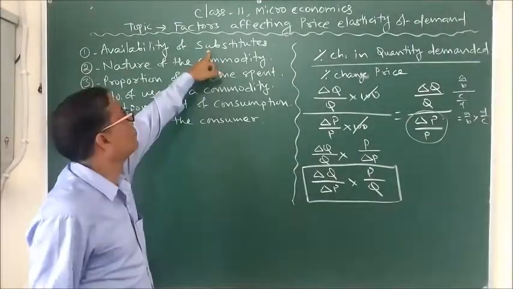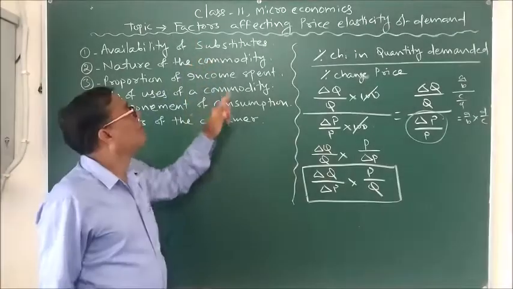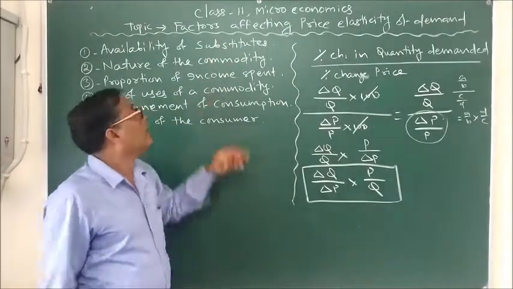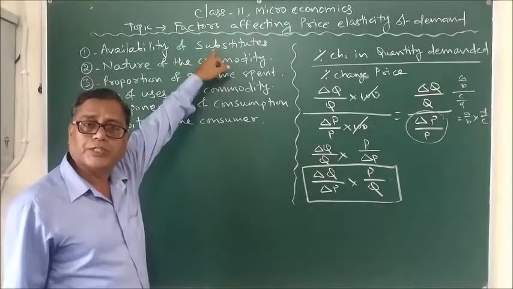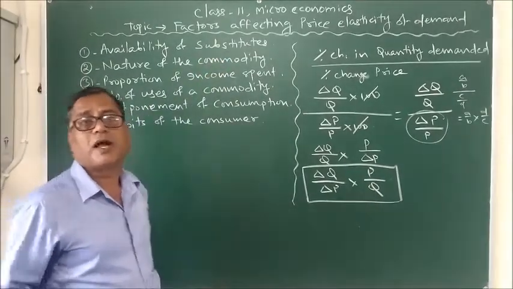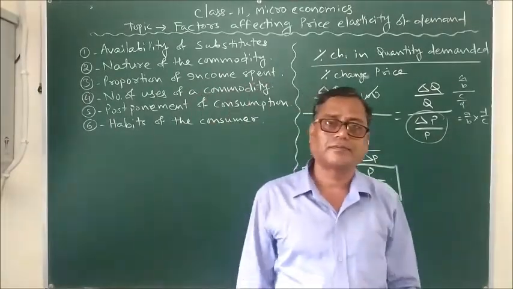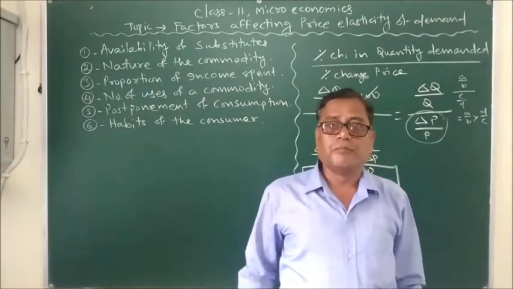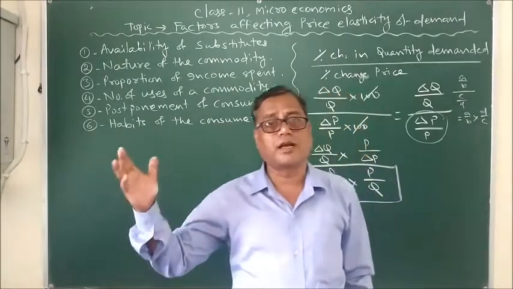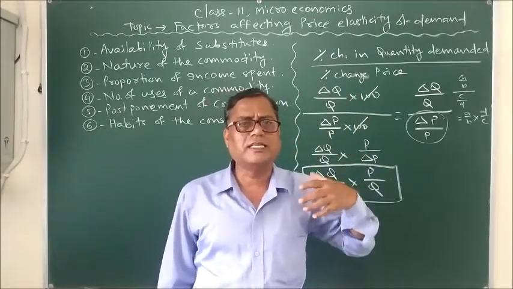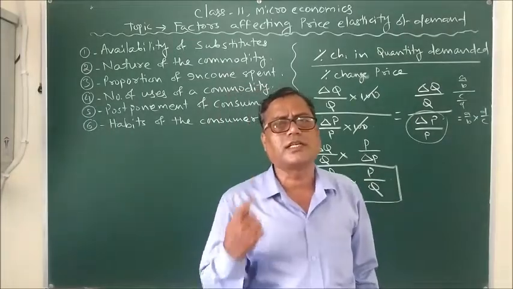of a particular goods. That means if the goods that we have has more substitutes, then its price elasticity of demand would be higher. Why? Because the more substitutes are available, the consumer will respond immediately whenever there is a slight change in the price.